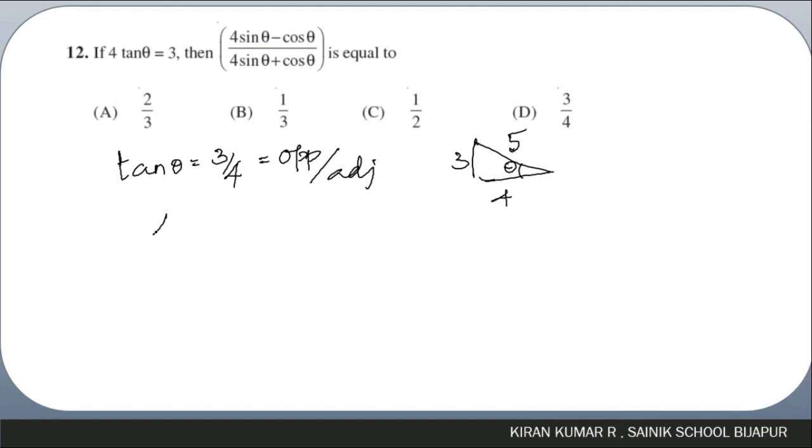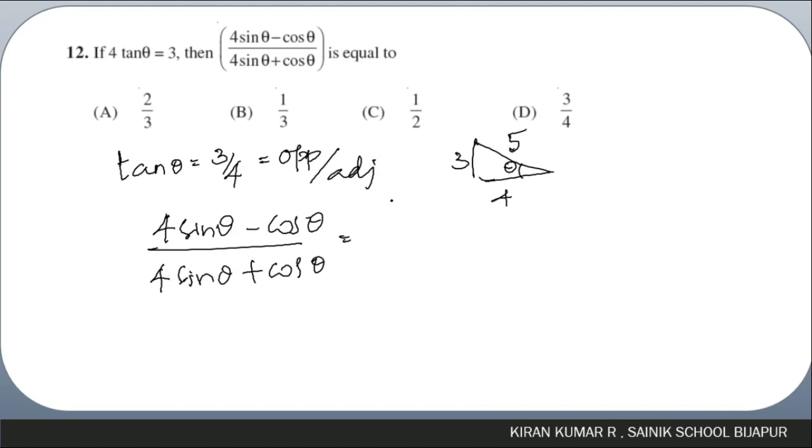So 4 times of sin theta minus cos theta divided by 4 times of sin theta plus cos theta will be equal to 4 multiplied to sin theta value is 3 by 5 minus cos theta value is 4 by 5 divided by sin theta value again 3 by 5 plus 4 by 5.